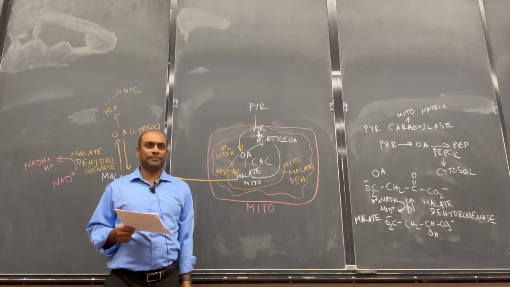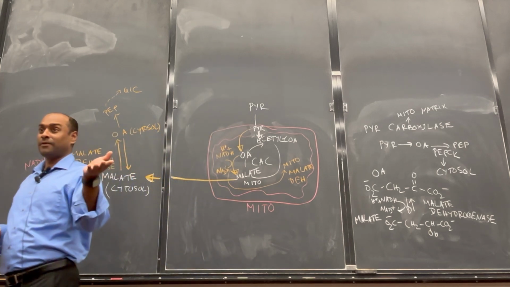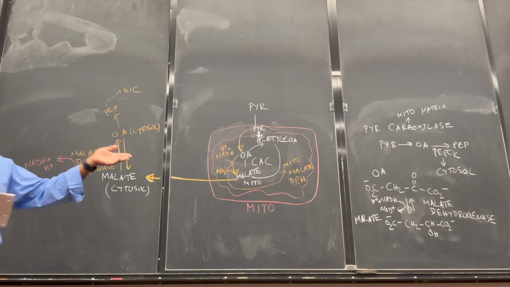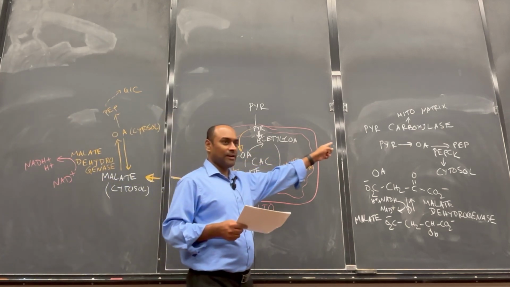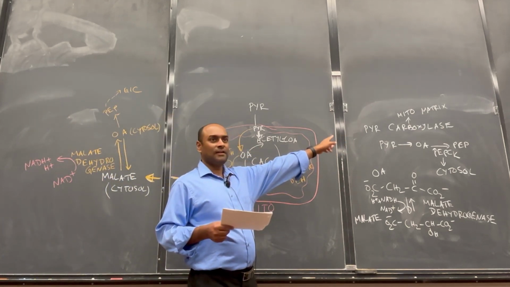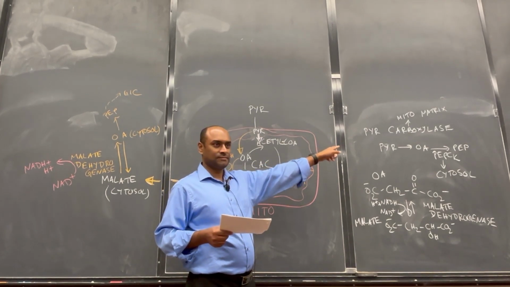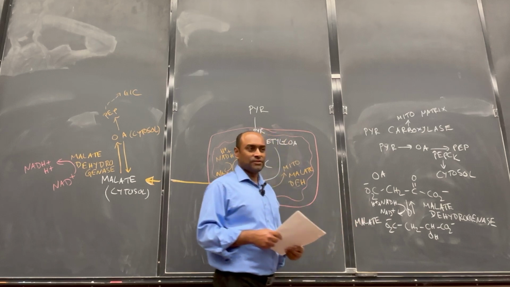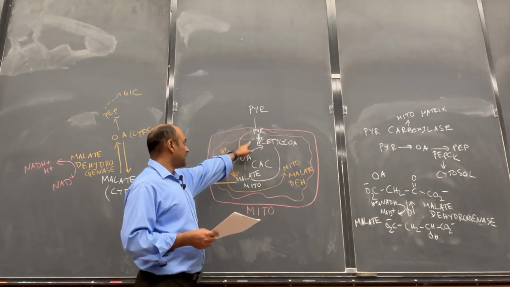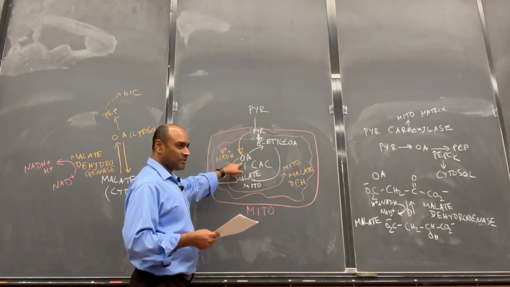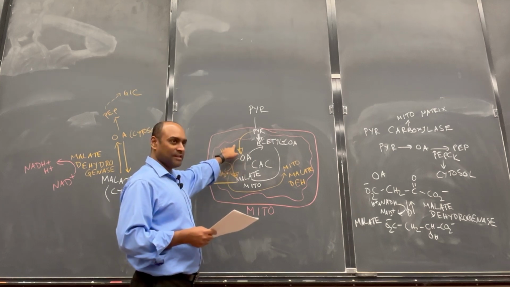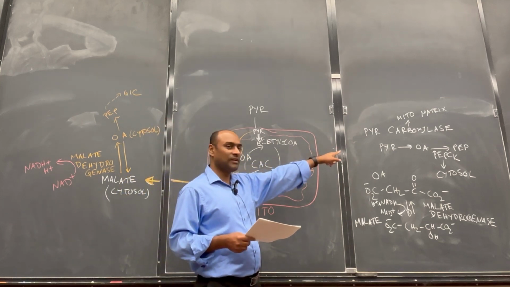But the first step of gluconeogenesis is to make OA from pyruvate by this pyruvate carboxylase, which is a mitochondrial enzyme. It is not found in the cytosol, right? So that is why pyruvate has to go to OA, and this must happen in the mito because the enzyme is only found in the mito.